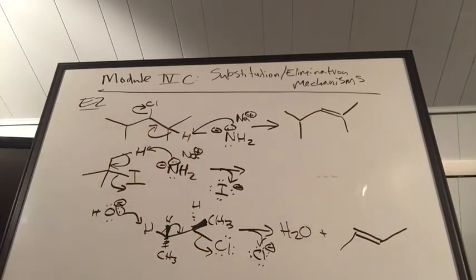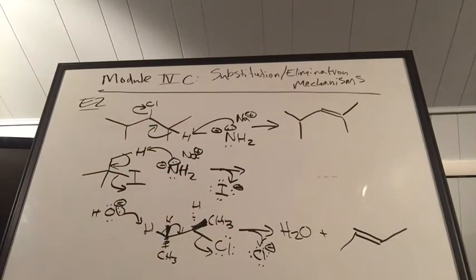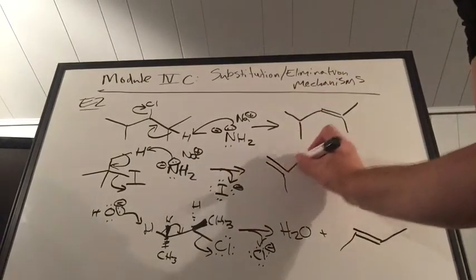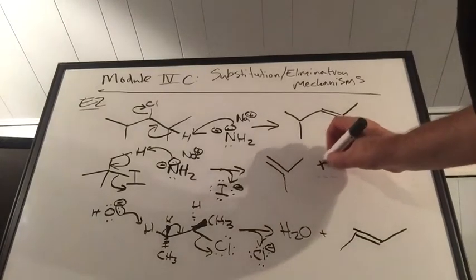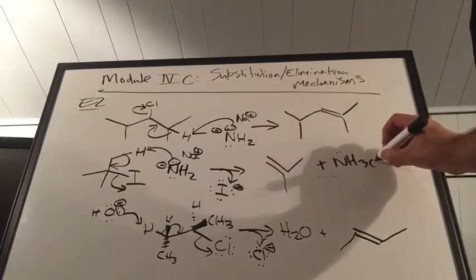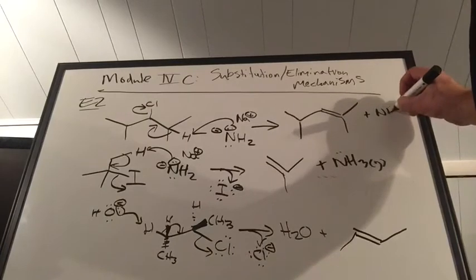Okay, so the I minus leaves. You have NH3, which may go up into the gas phase depending on what temperature this is at. It'll probably be at an elevated temperature, hint, hint, for elimination. So you will get a geminal alkene as your product, and you'll also get NH3, and that would probably be in the gas phase. And same thing goes up here.